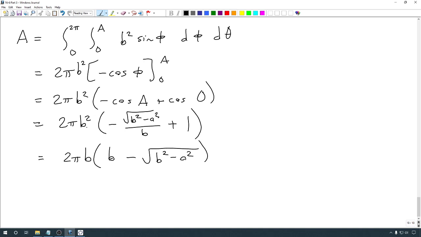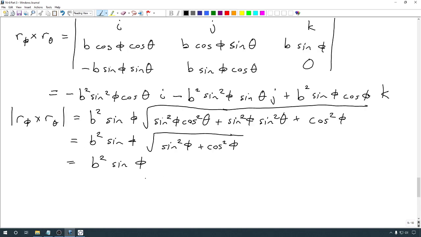Technically, that is the area of one of the caps. If you wanted to have both of the caps, you would double this. So 4 pi b times b minus square root of b squared minus a squared. But of course, that part's not that hard. The important part is how you would actually get the area of one of the caps. And this is one way we could do this.